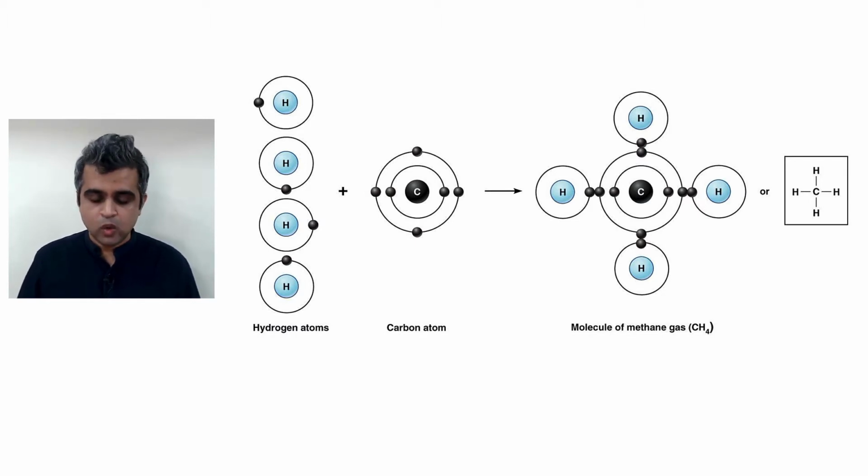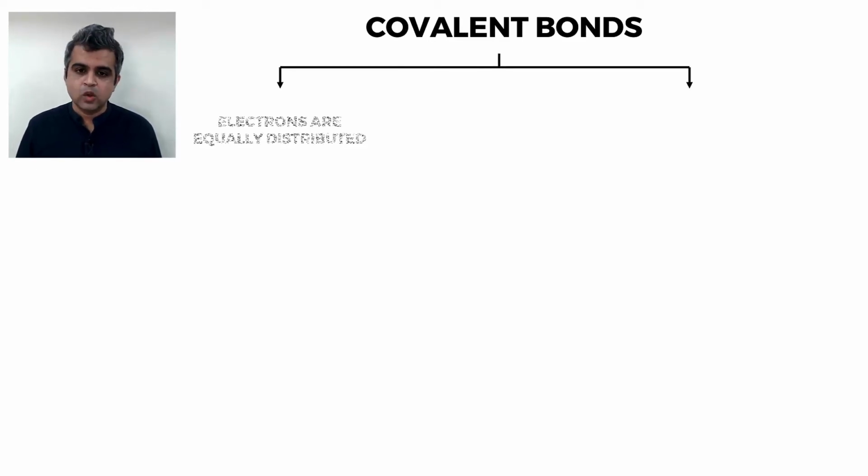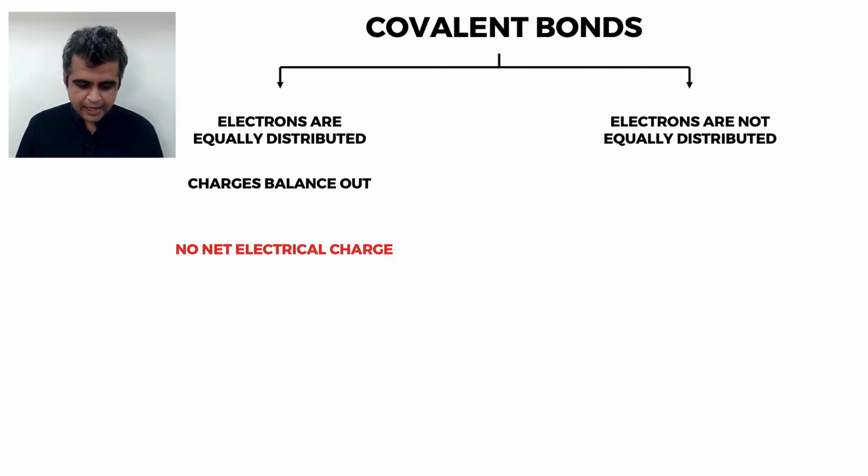So if we talk about covalent bonding, we will notice that in covalent bonding, electrons are equally distributed in some covalent compounds, or they may not be equally distributed, and I will give you an example of this. But first let's talk about if electrons are equally distributed. In that case, the charges will balance out. There is equal, even distribution, so charges will balance out, and there is no net electrical charge.